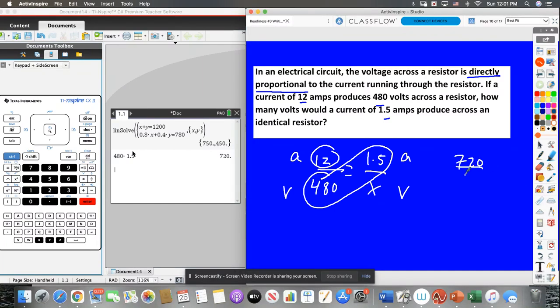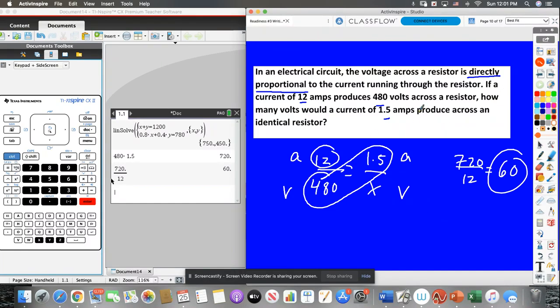And then 720 divided by 12, enter, is 60. And so that's the number of volts. And so you would put that into your answer choice.